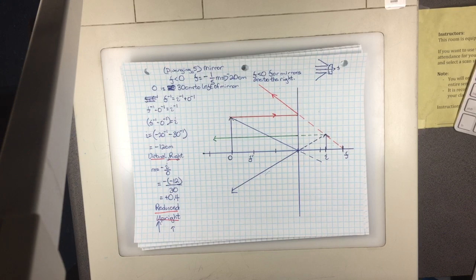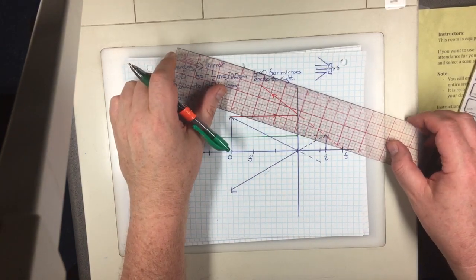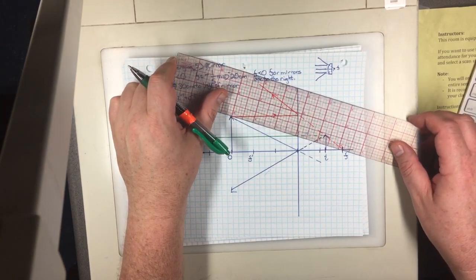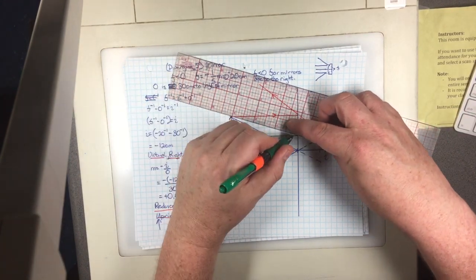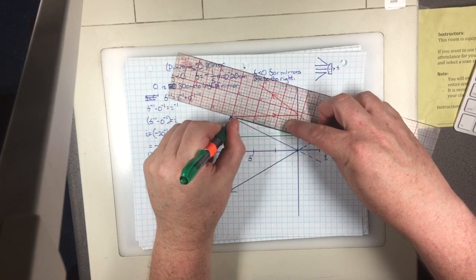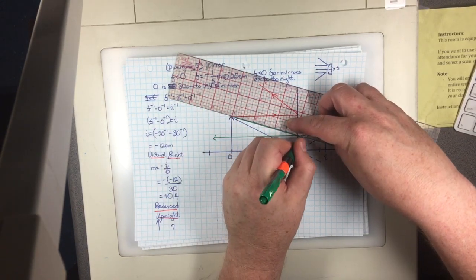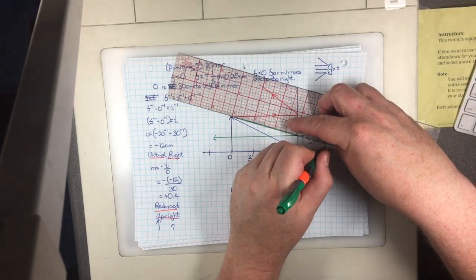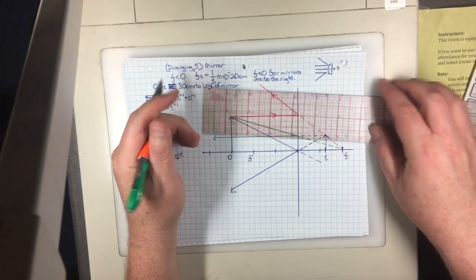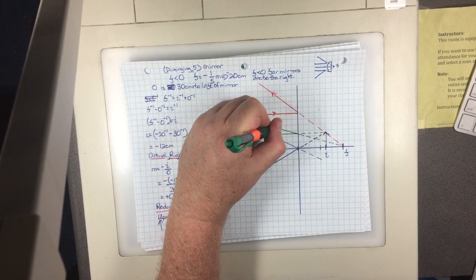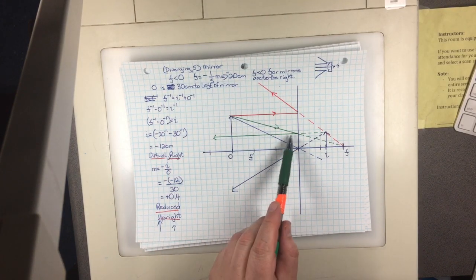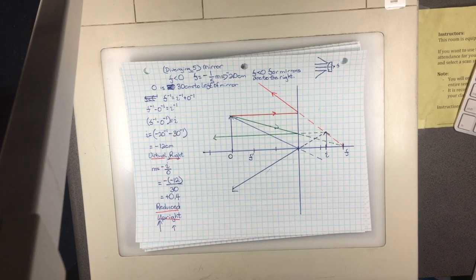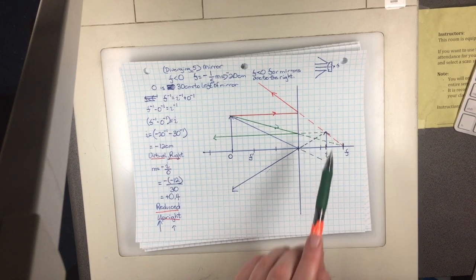And once you see what the ray does, you can see how it goes. This ray is aimed right at the focal point on the other side. So the ray is like this. It's aimed at that focal point. So for the third ray, a ray aimed at the focal point becomes parallel. And then you trace that ray back.